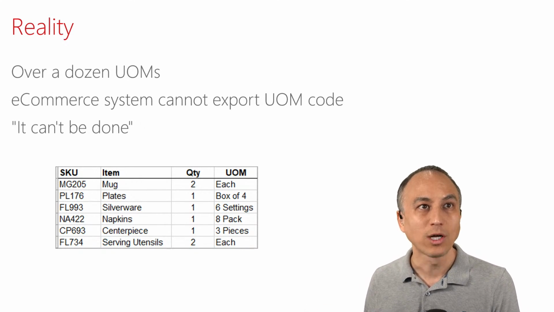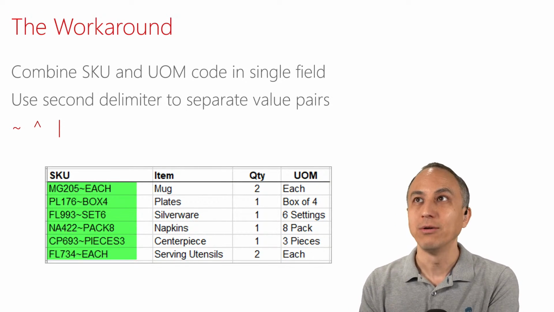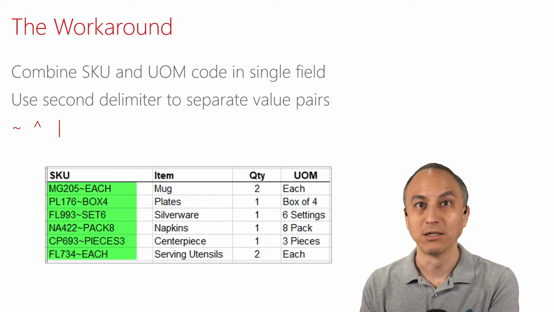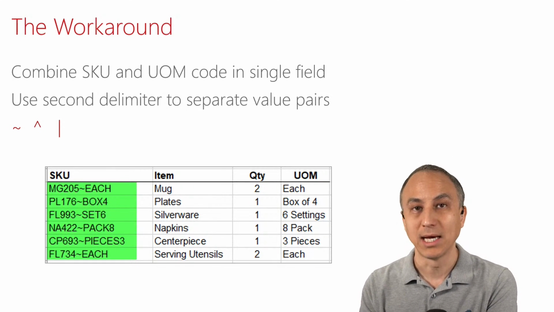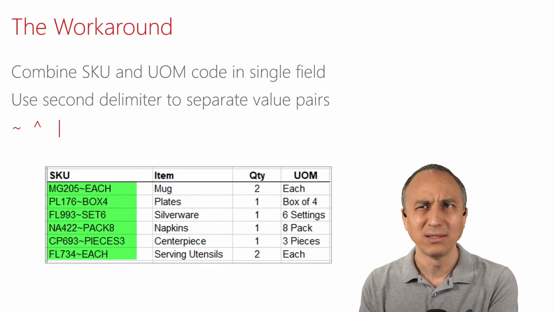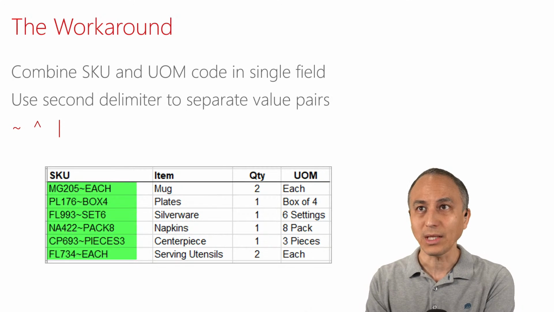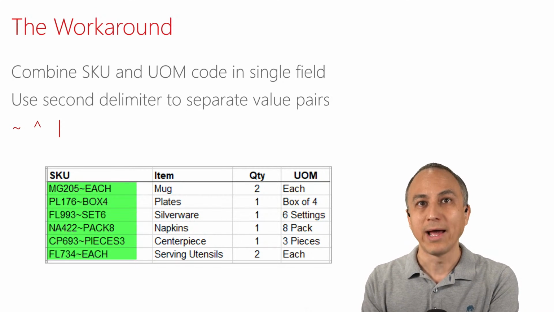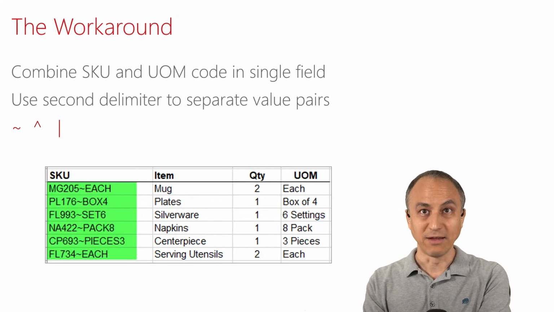So the workaround is combine the SKU and unit of measure code into a single value. And for whatever bizarre reason, the website software can accommodate this. Apparently it doesn't mess up the master item list in the system. And we can now have both the SKU and the unit of measure code in the same field.